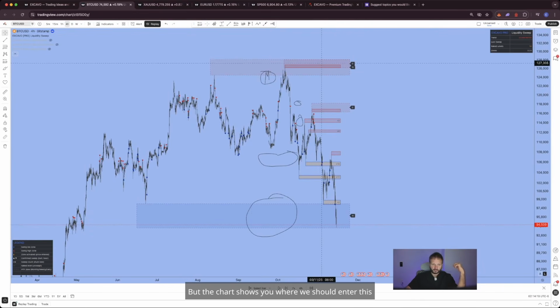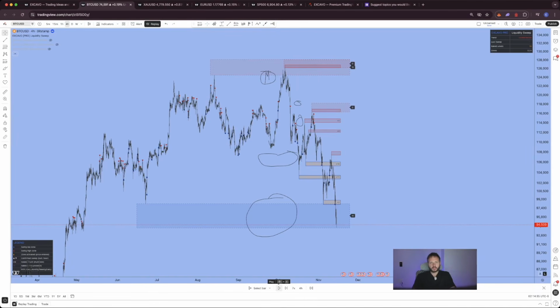But the chart shows you where we should enter this zone, take out the main liquidity, and after that, turn around. In other words, these are also reversal zones, zones where reversals happen. You can increase your risk-reward, meaning there you can set a stop loss as small as possible and set your take profit as high as possible. That is, increase your risk-reward ratio using this tool.